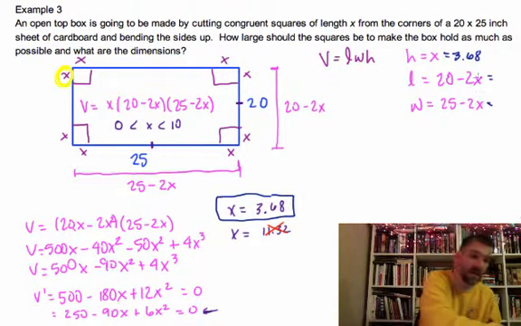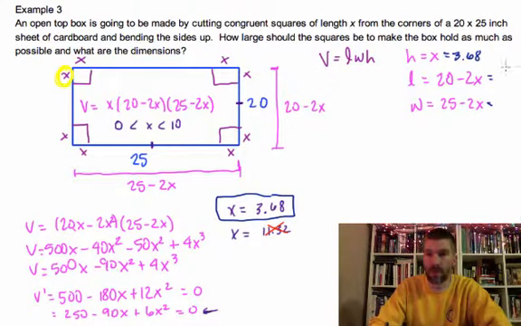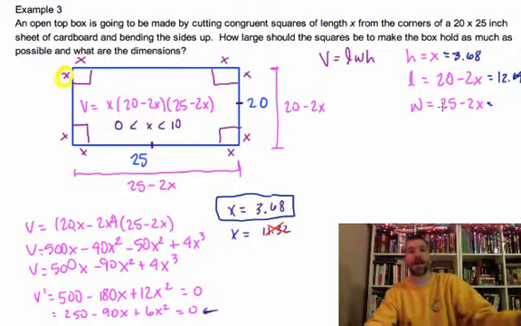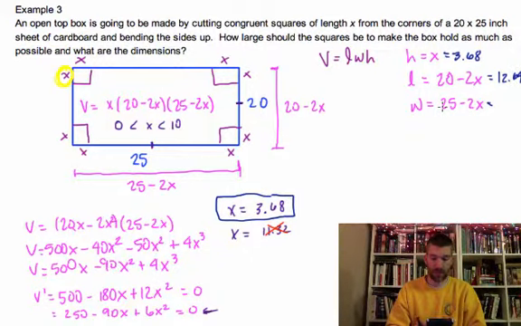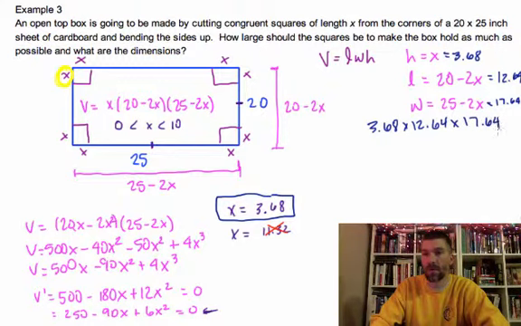So when I punch those in, 20 minus 2 times 3.68 is 12.64, and 25 minus 2 times 3.68 is 17.64. So these are my dimensions, 3.68 by 12.64 by 17.64.